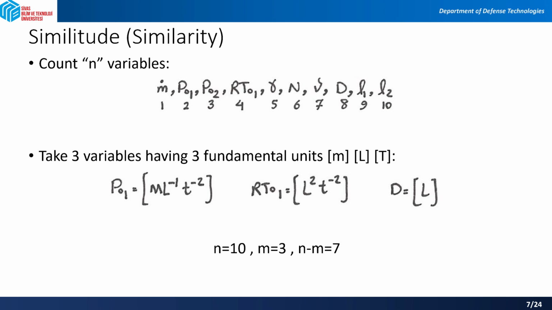We take RT0 that has length and time, and we take diameter that has length. So we have 10 total variables. We took 3, so n minus m is equal to 7. This says that you should have 7 non-dimensional groups.